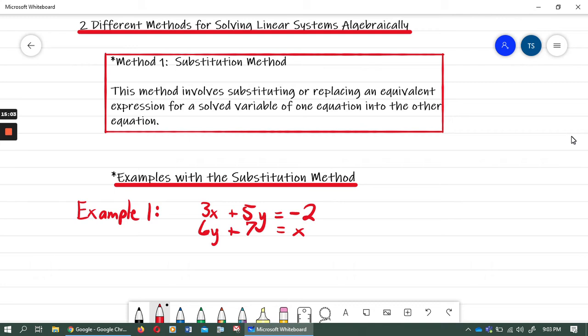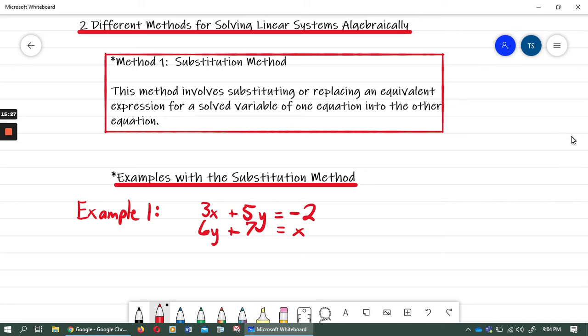And again, some of your Delta Math problems that you're assigned for today's lesson, now I'm talking to my students who are enrolled in my class at our school, specifically state to use the substitution method.